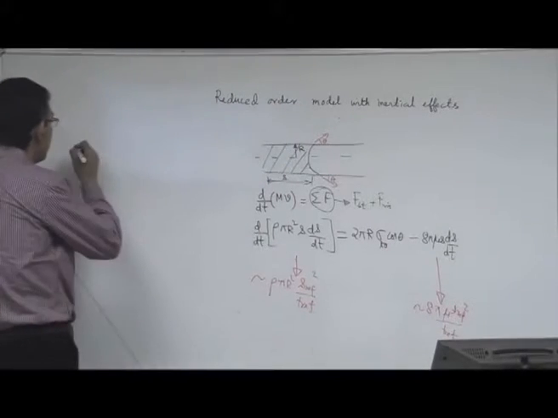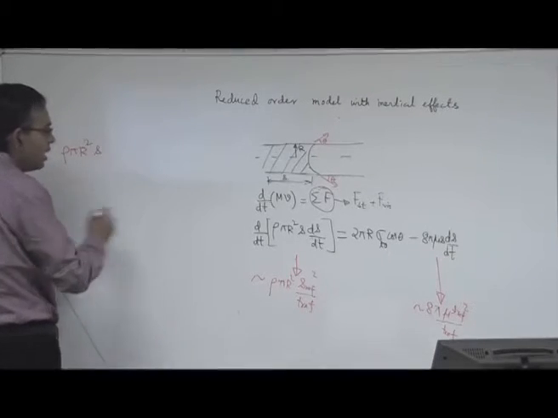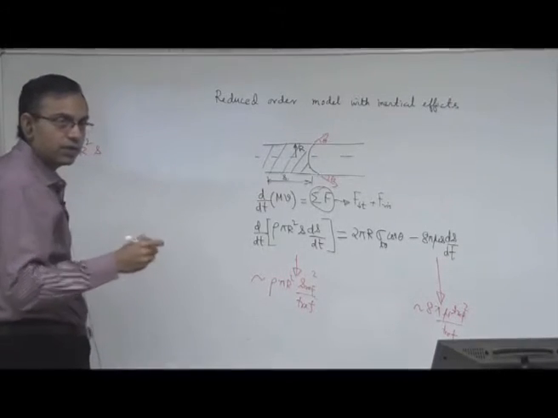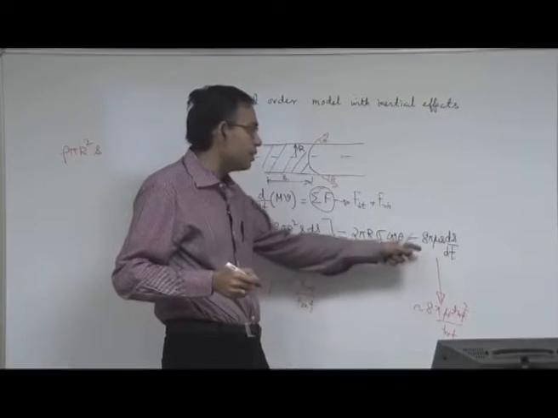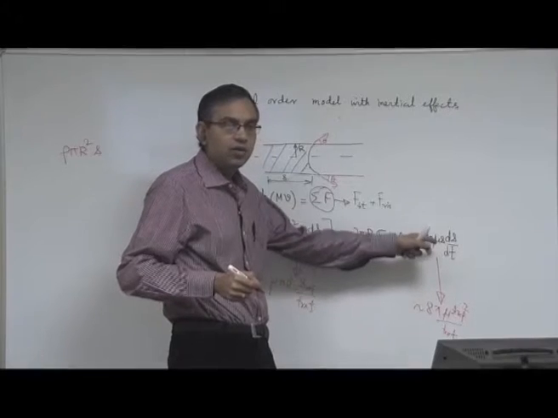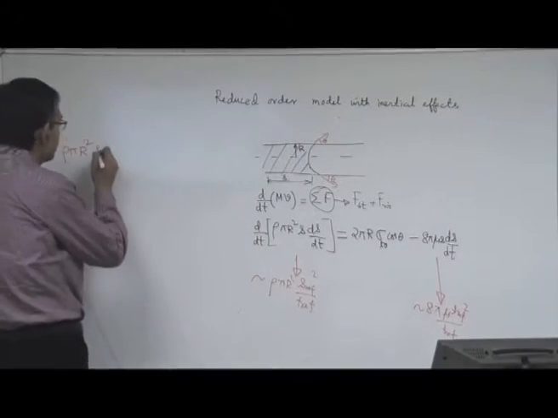So, rho pi r square, again I am repeating that the pi and 8 and all those things are not important for the scale, but for the sake of non-dimensionalization this will help us to clean up the coefficients of the equation, which is why we are retaining them.